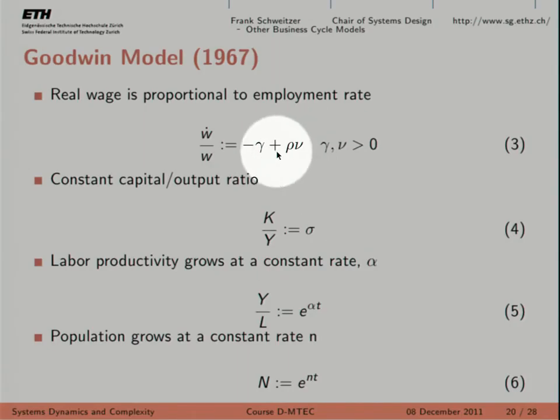Most of you know the nonlinear Phillips curve, but this is a linear Phillips curve. What does this mean? This is the relative increase, because we divide by W, of the real wage, right? So in other words, the percentage increase of the real wage. This one here.